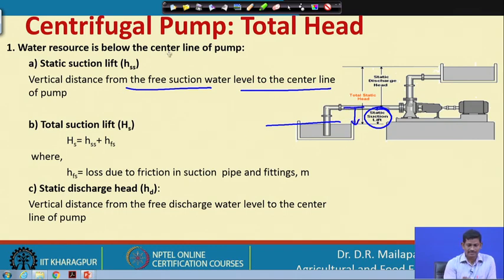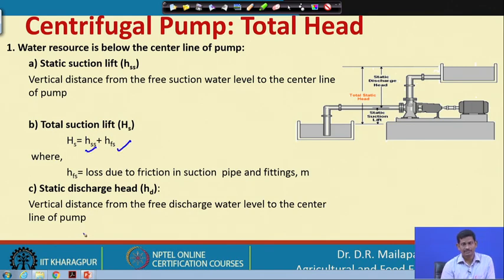Then the total suction lift will be the static suction lift plus the friction head losses in that pipe. So, this is the total suction lift, and then the static discharge head. The suction is done, so we have two parts here: one is a suction part and the other is a discharge part.